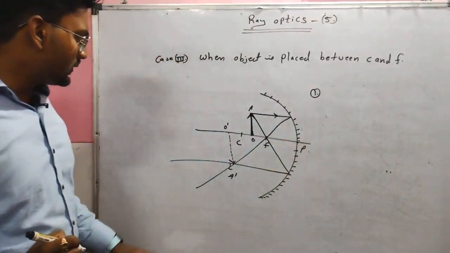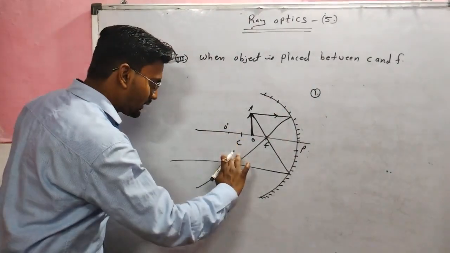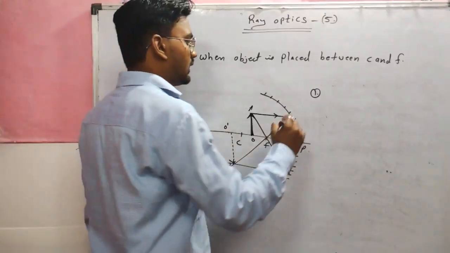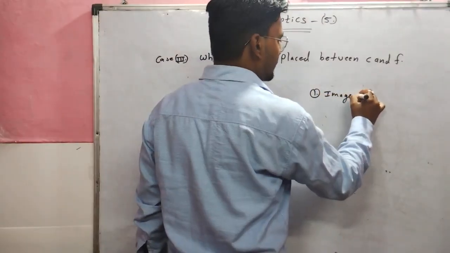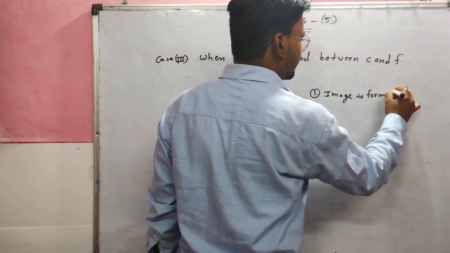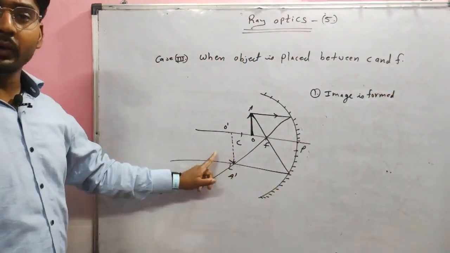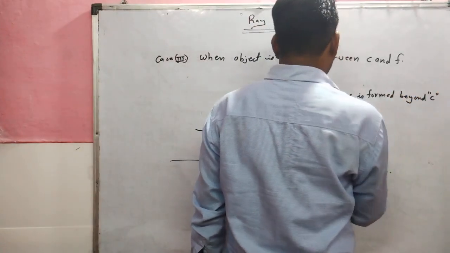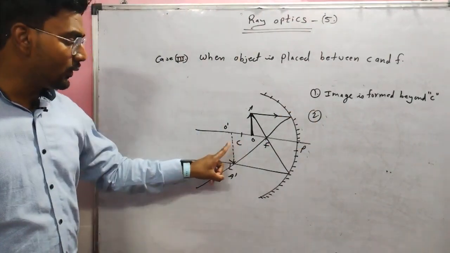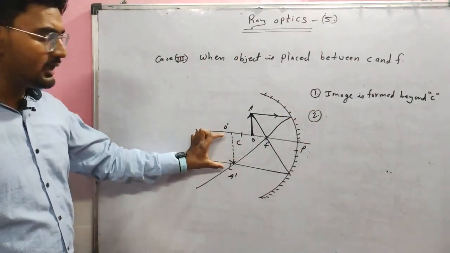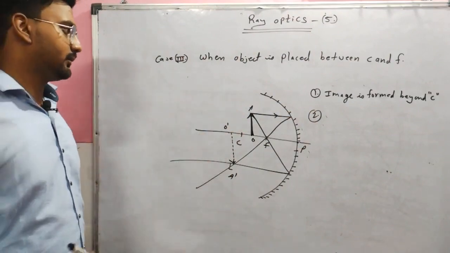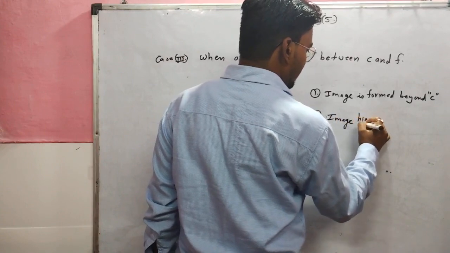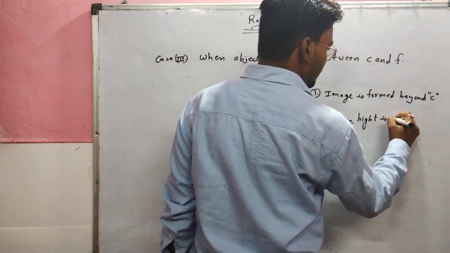We put some points. The first point is that the image is formed at O dash A dash, which is beyond C. In this case the image is formed beyond C, and the size of the image is larger than the size of the object. The image height is magnified.